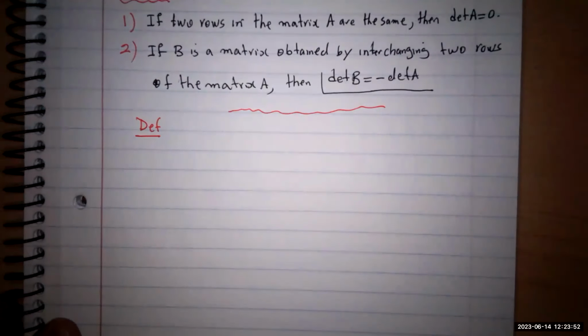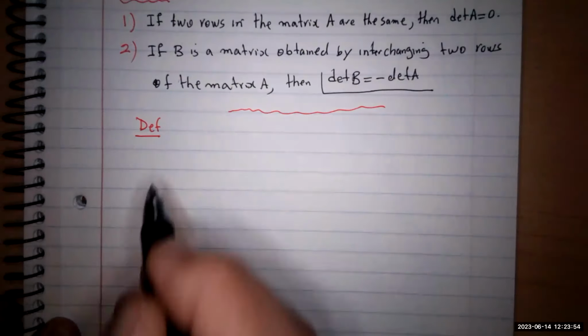Two vectors would be given, and you want to find the cross product.